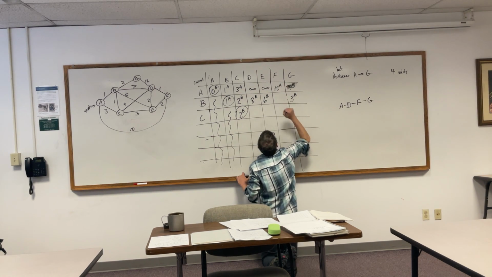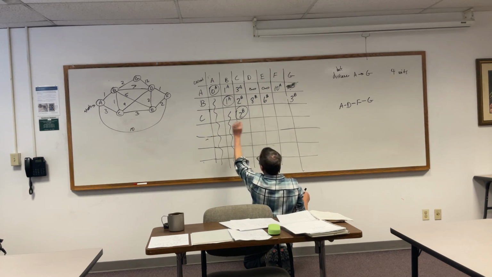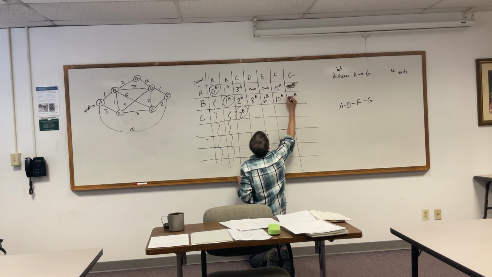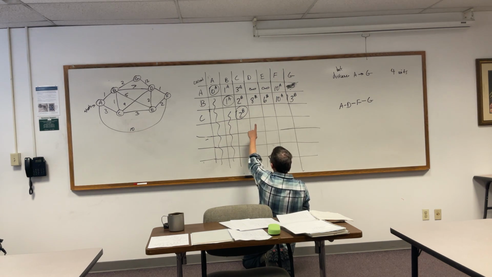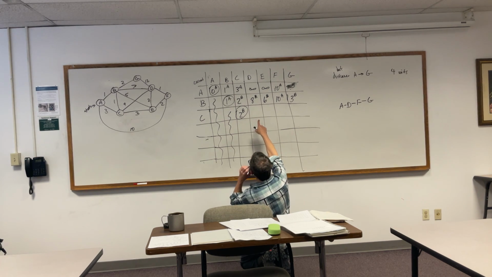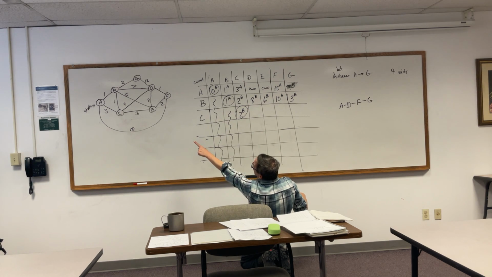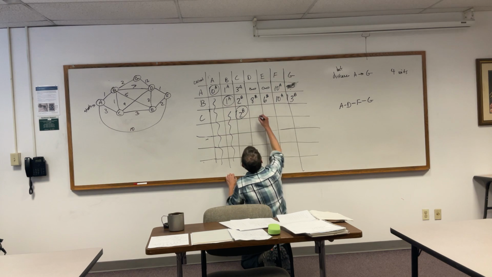So let's see, we got A, and B does not connect there, thank God, so nothing too bad. C to D is 9, so that's pretty bad.